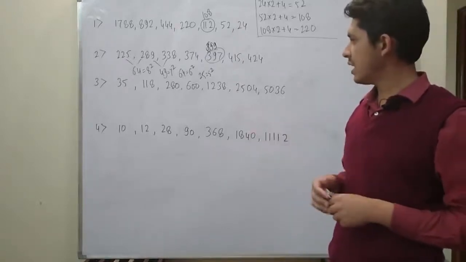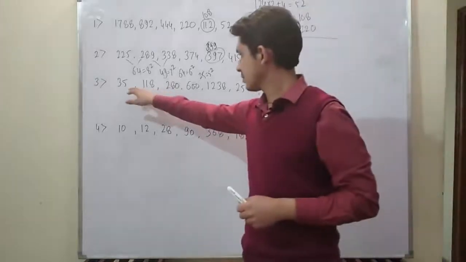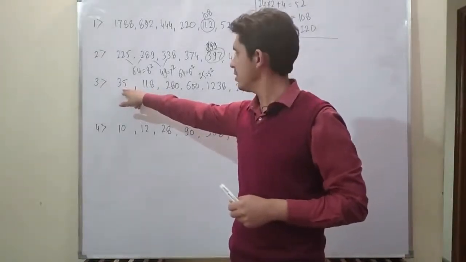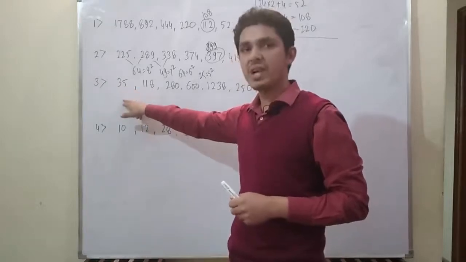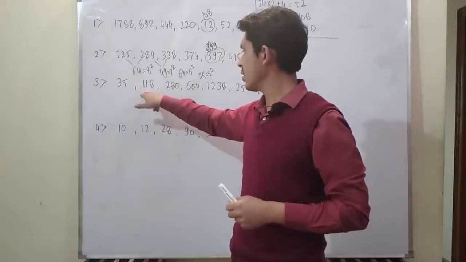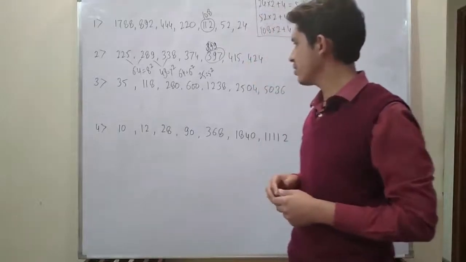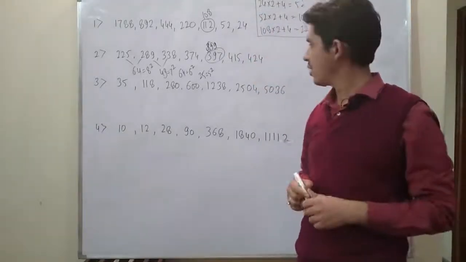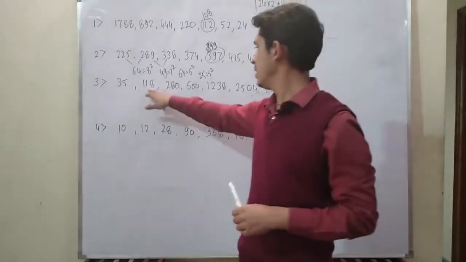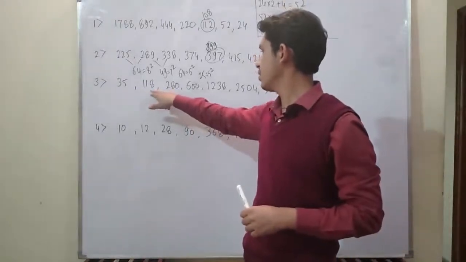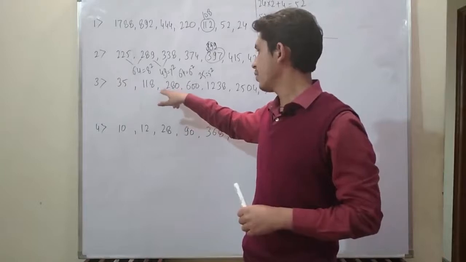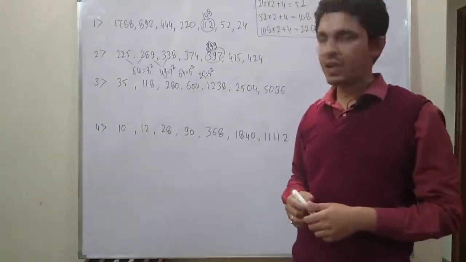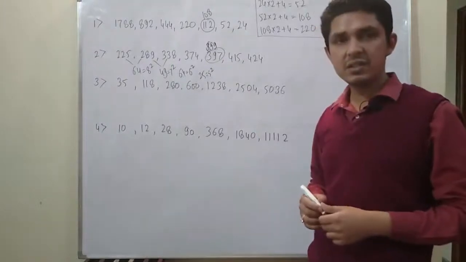If we multiply by 3, 35 multiplied by 3 gives us 105, and 105 plus 13 gives us 118. Thereafter, this will give us 236, and 236 multiplied with a greater number we cannot find out.